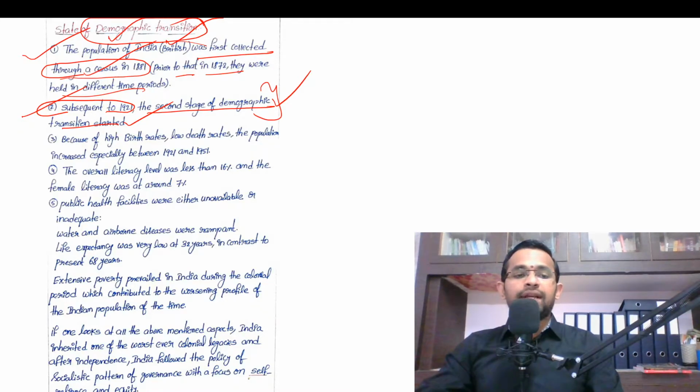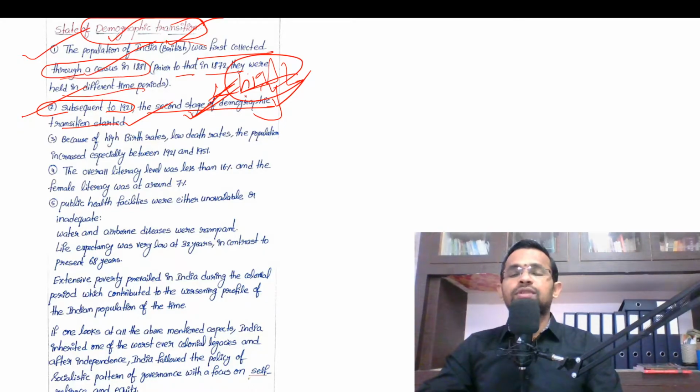For the time being, the second stage of demographic transition indicates high birth rates and low death rates. India entered this stage in 1921. Prior to 1921, there were high birth rates and high death rates in India due to epidemics and some communicable and non-communicable diseases.